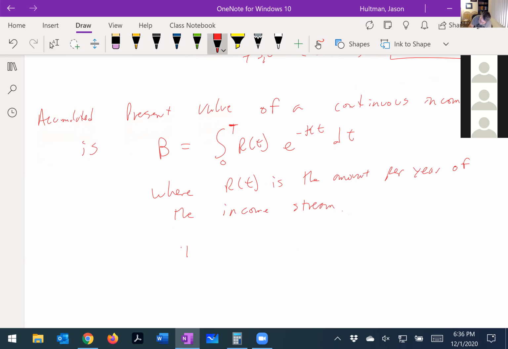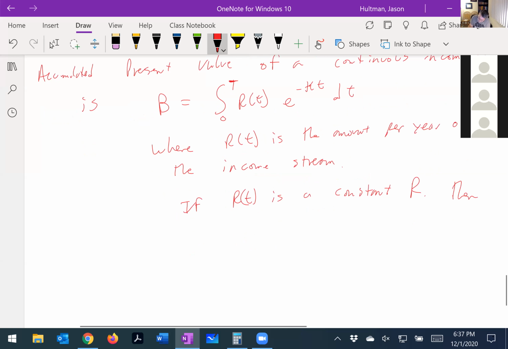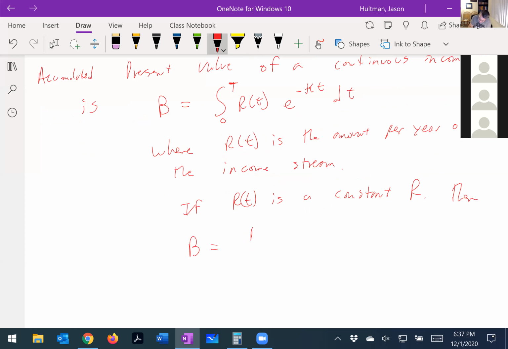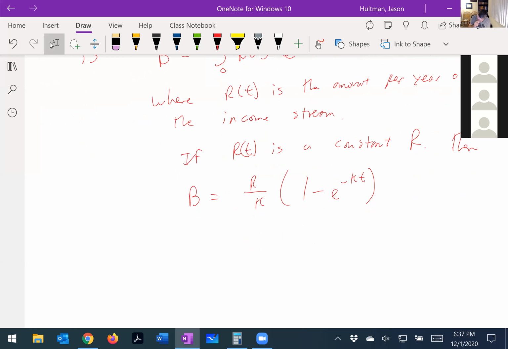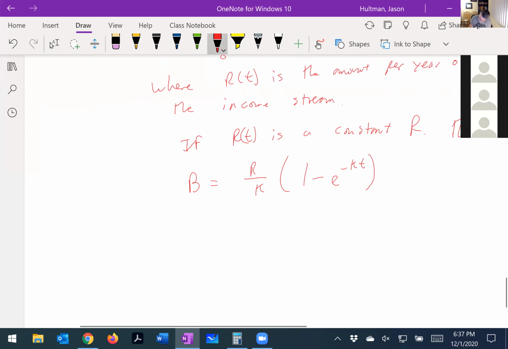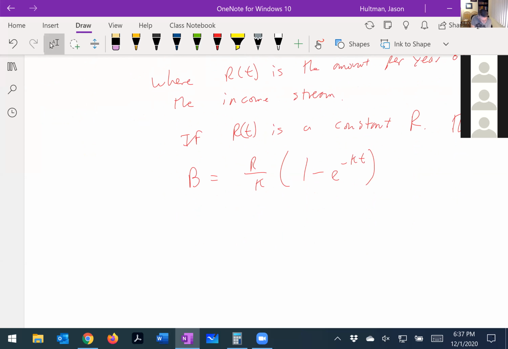If r of t is a constant, we'll call it just a constant r, then B is equal to r over k times 1 minus e to the negative kT. So it's that accumulated exponential growth.